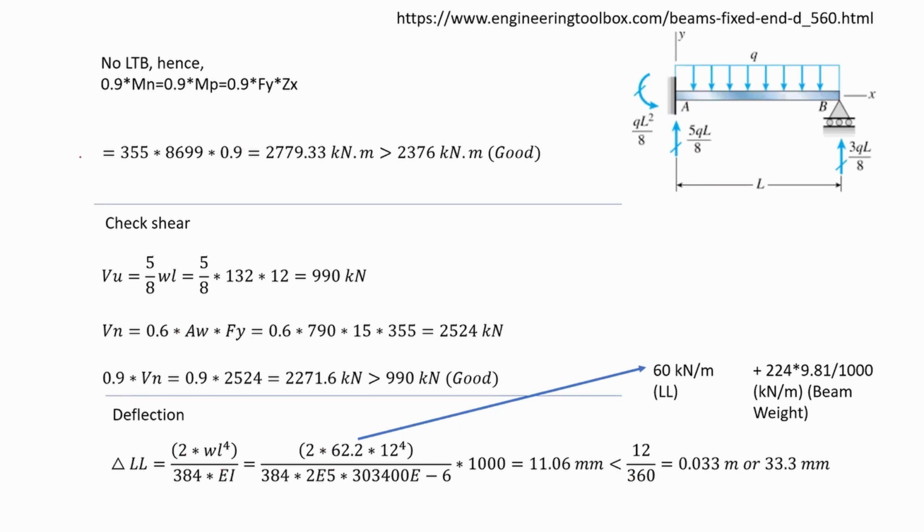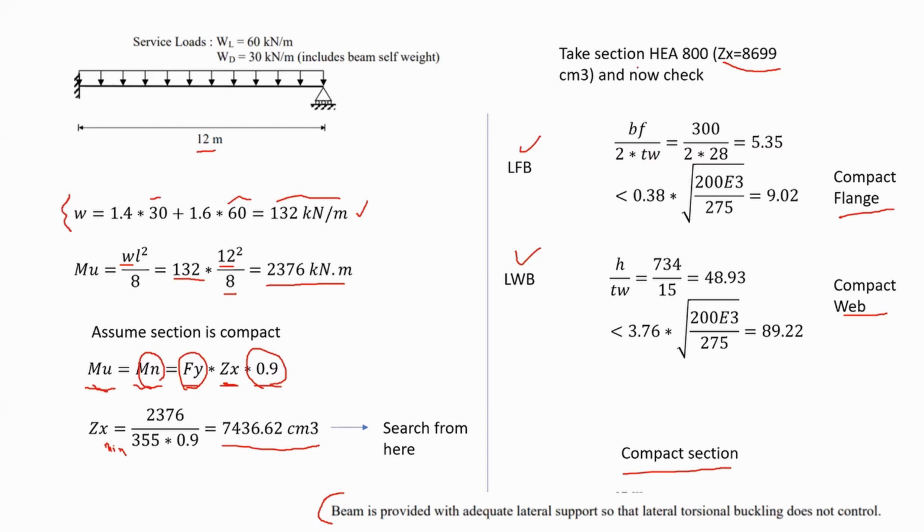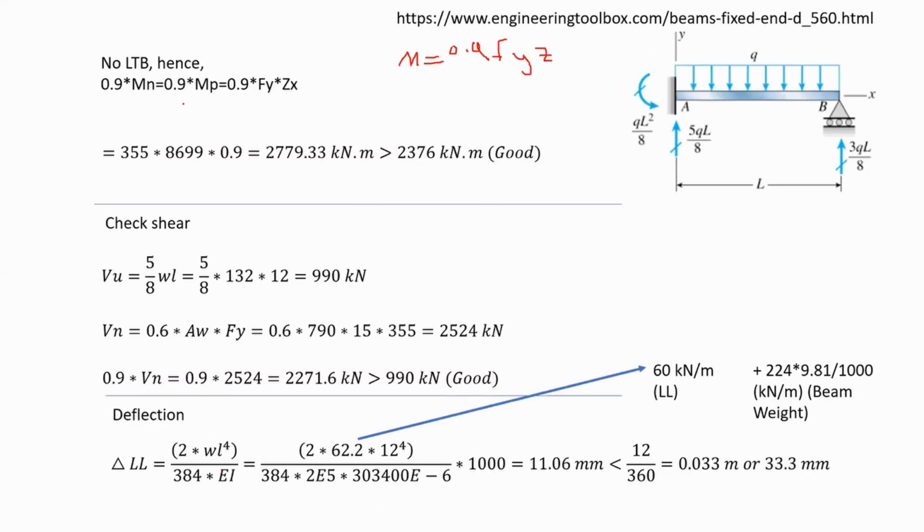I can now use this equation where Mp is equal to 0.9 Fy Zx in order to calculate the capacity of HEA 800. I want to check whether the capacity is bigger than Mu, which I found in here. So let's see.